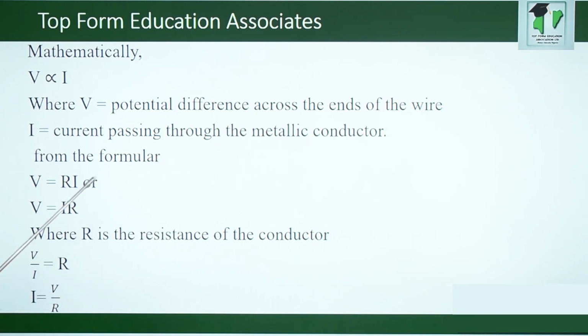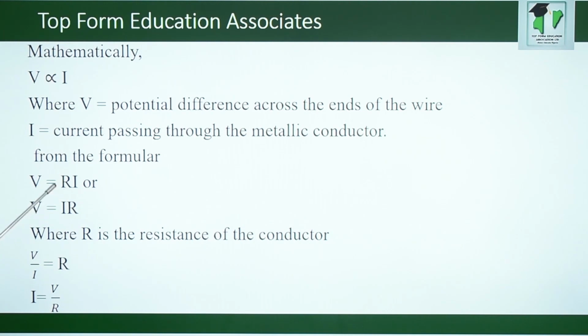Normally in mathematics, if you want to remove the symbol of proportionality, you introduce an equality sign and a constant. In mathematics we would have put K, but the constant we have here is R, known as the resistance of the conductor. That is the opposition to the flow of current that the conductor gives in the circuit.